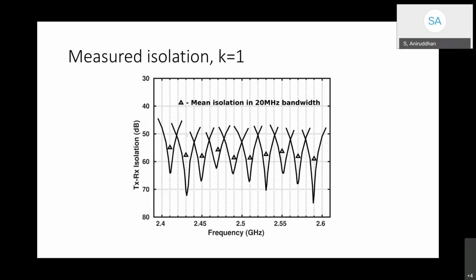At a particular frequency, when the impedances are exactly matched, the bridge cancels by more than 60 dB. If you look at a 20 megahertz bandwidth, which is a typical configuration for LTE and Wi-Fi, the mean isolation is about 55 dB. This is the Tx to Rx isolation. For wider band signals, it of course gets lower and lower.